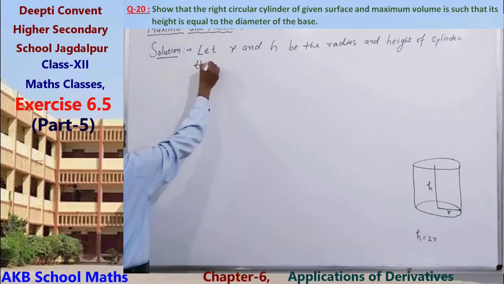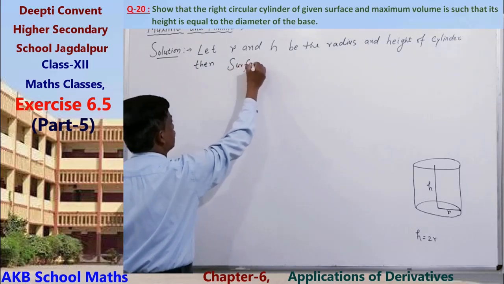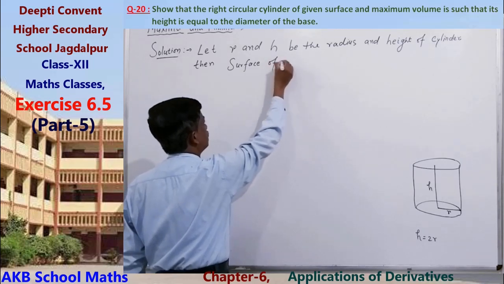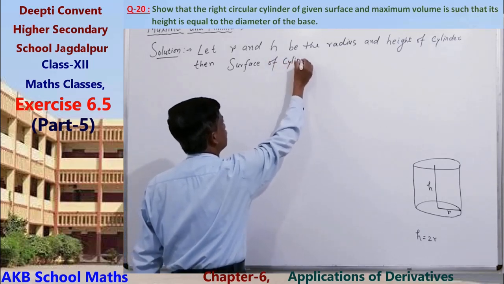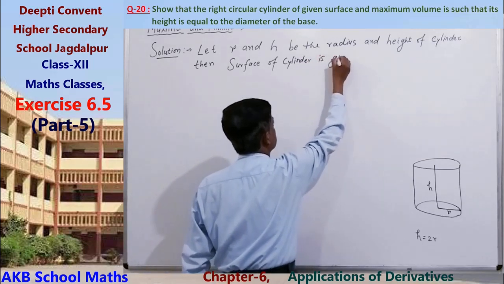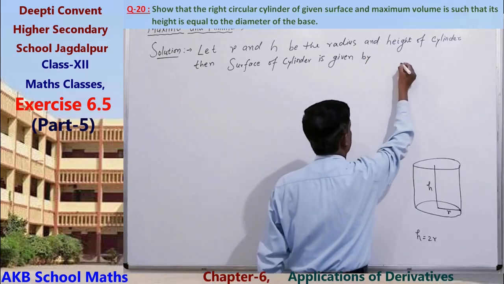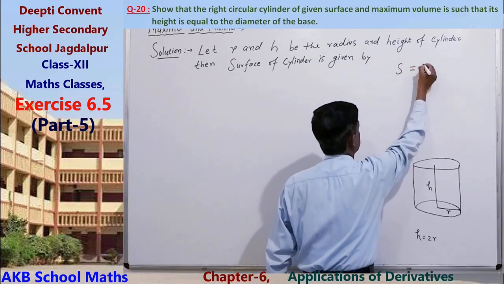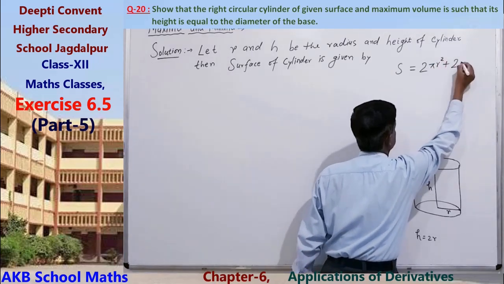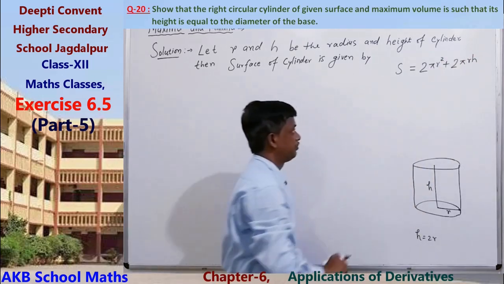Then the surface of the cylinder is given by S equals 2 pi r square plus 2 pi r h.